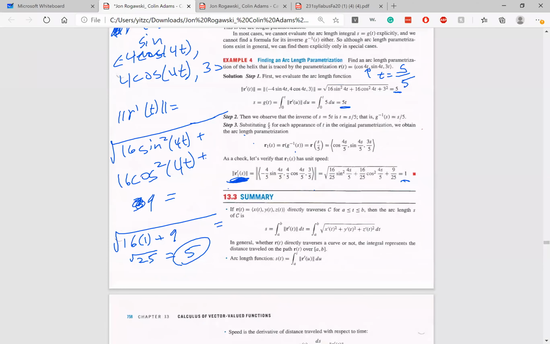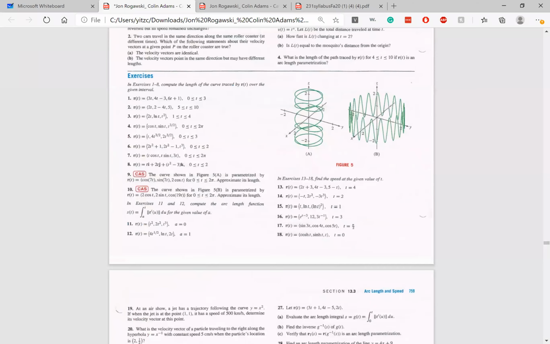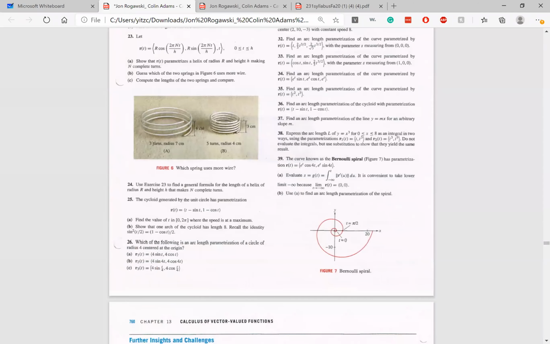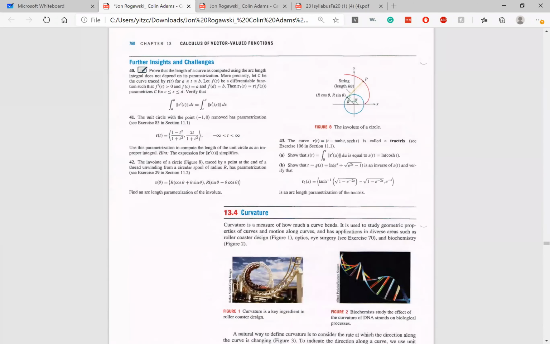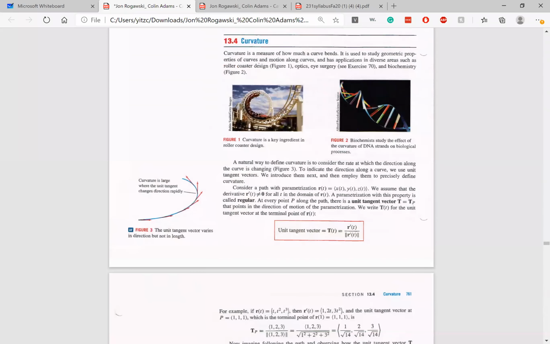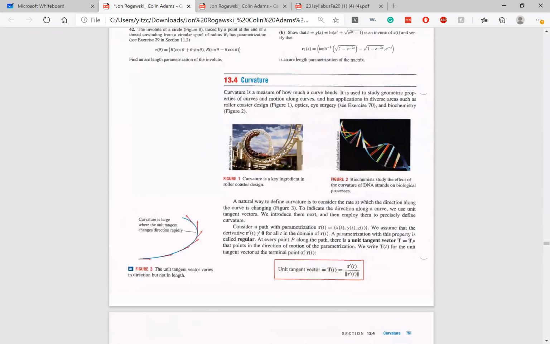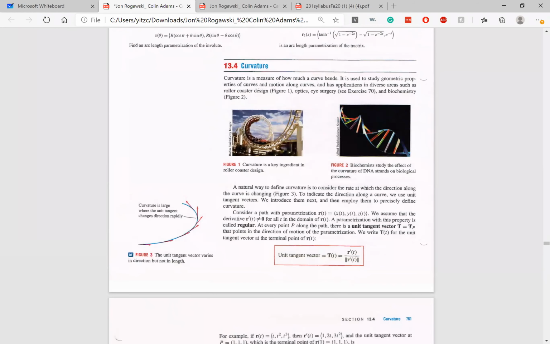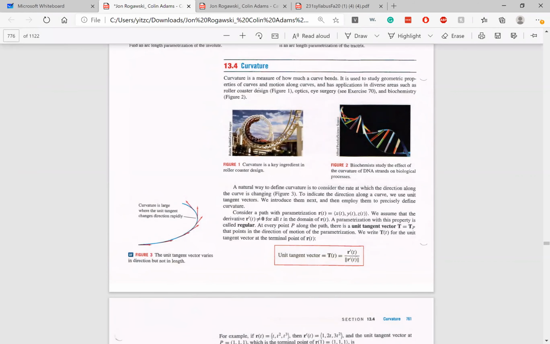So now let's continue to curvature. In general, you see this has a lot of curvature. It curves a lot.